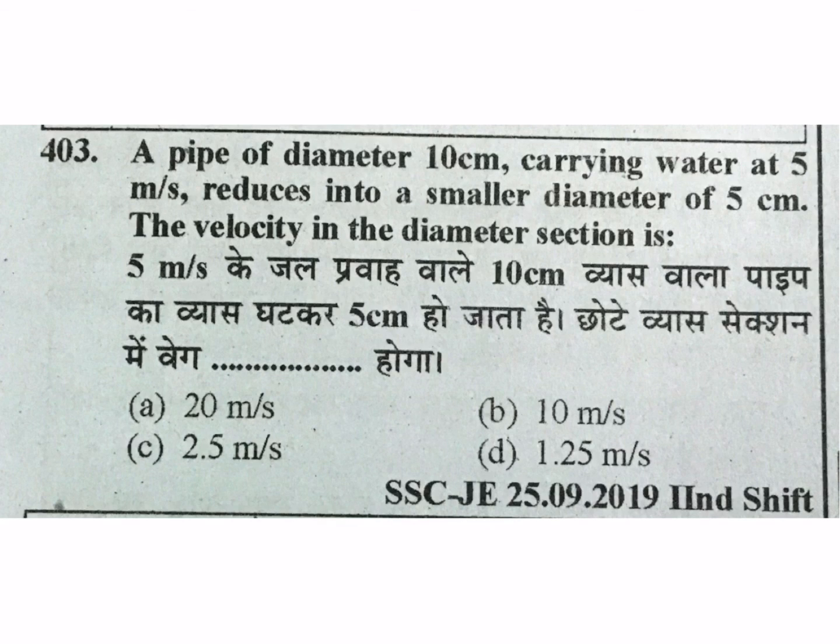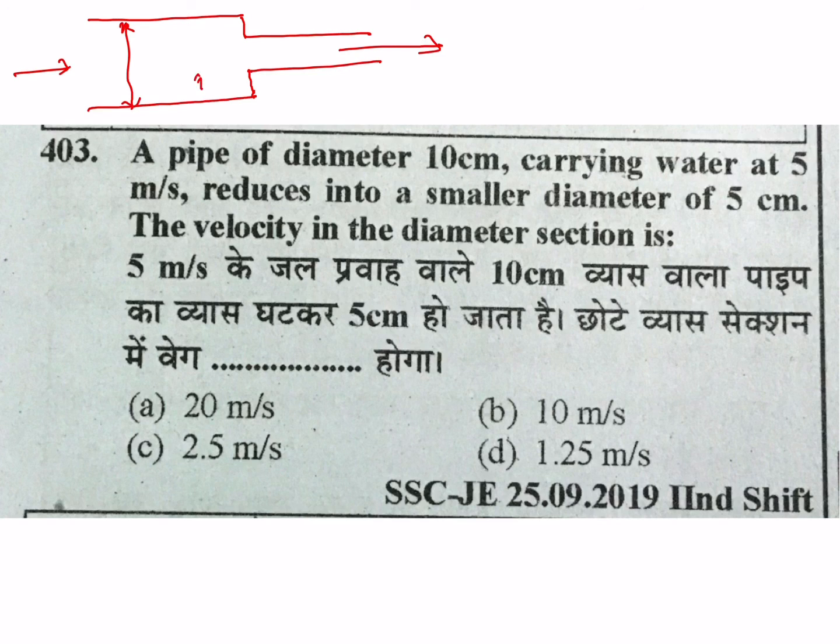SSC JE 2019 question: a pipe of diameter 10 cm carrying water at 5 meter per second reduces into a smaller diameter of 5 cm. The velocity in the smaller diameter section you have to calculate. So this is a pipe, then a smaller diameter pipe.